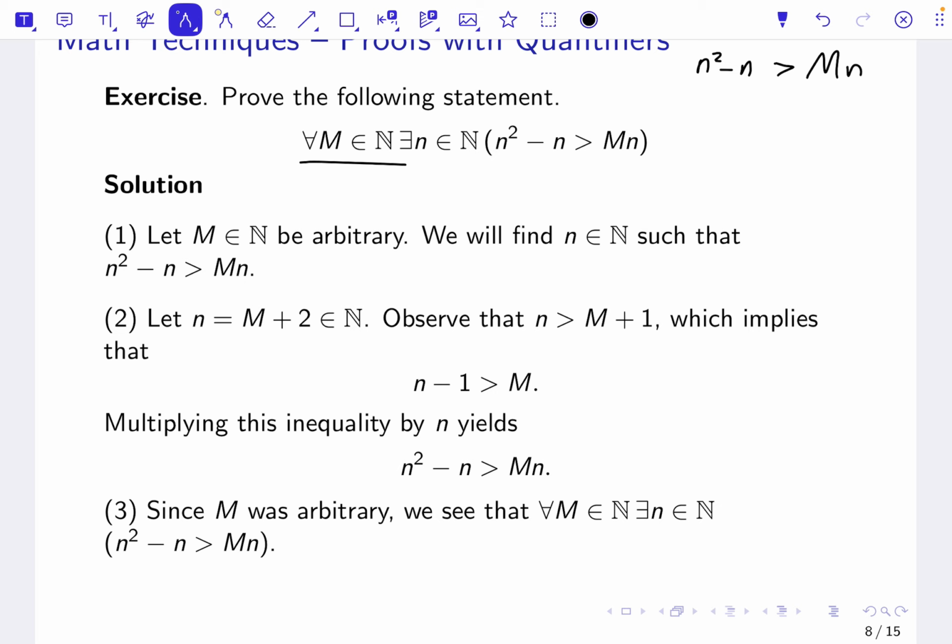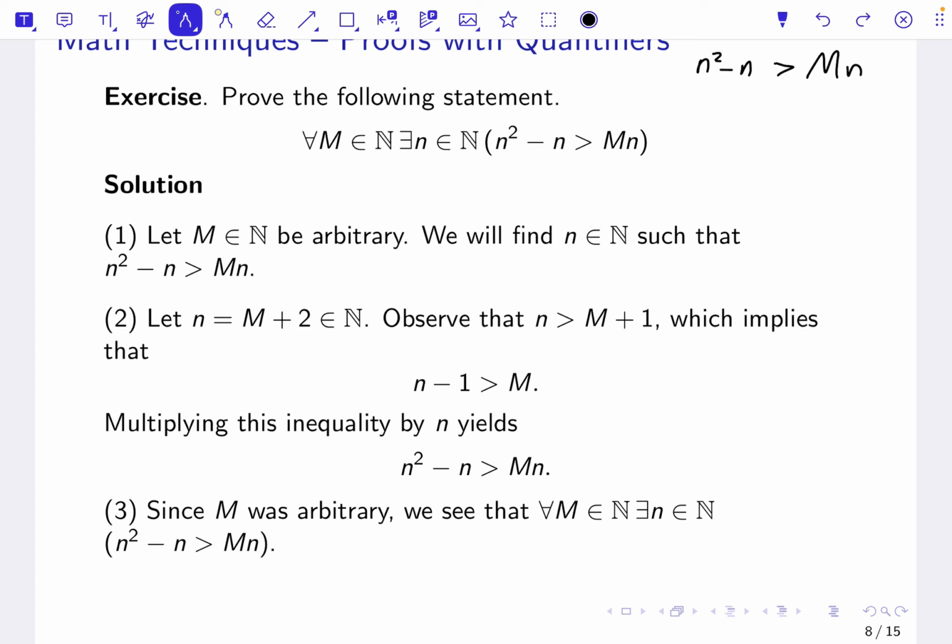I need to show that this is true for all natural numbers m, so I can't assume anything about m. But I can and should choose a value for n. So my algebra is going to involve solving for n in terms of m.